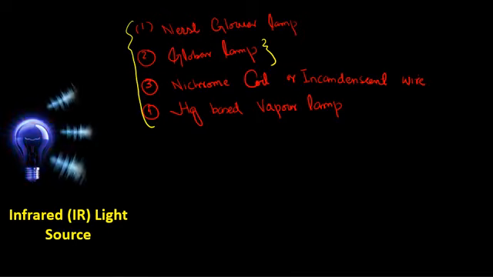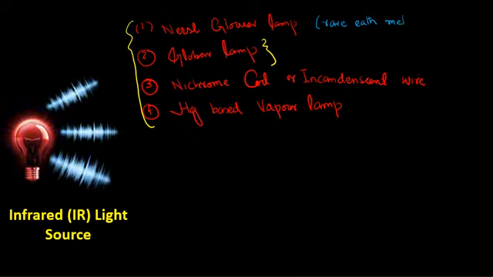The Nernst Glover lamp is usually based on rare earth metal oxides.